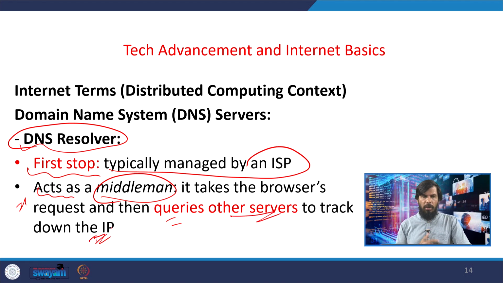So your computer connects to the DNS resolver, which connects to other DNS servers to figure out the IP corresponding to the domain name, corresponding to the URL that you are trying to access through your client device. So the first stop is the DNS resolver whenever we are trying to access a website.